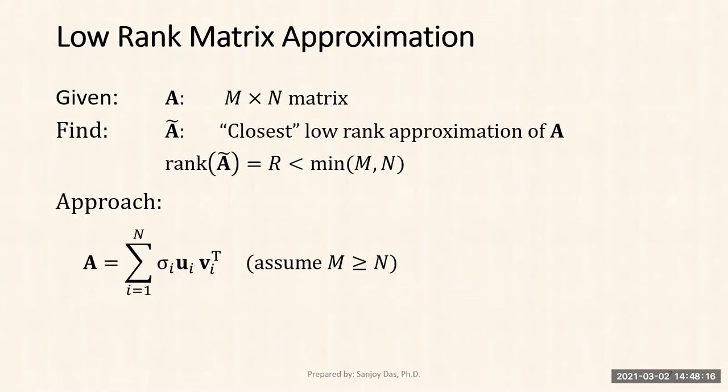If you add 3 rank 1 matrices, you can get a rank 3 matrix. And so each term here is a rank 1 matrix. Since we have n terms, the rank of A is up to n. If I had 4 terms here, instead of all n terms, then the rank of this summation would have been 4. Okay.